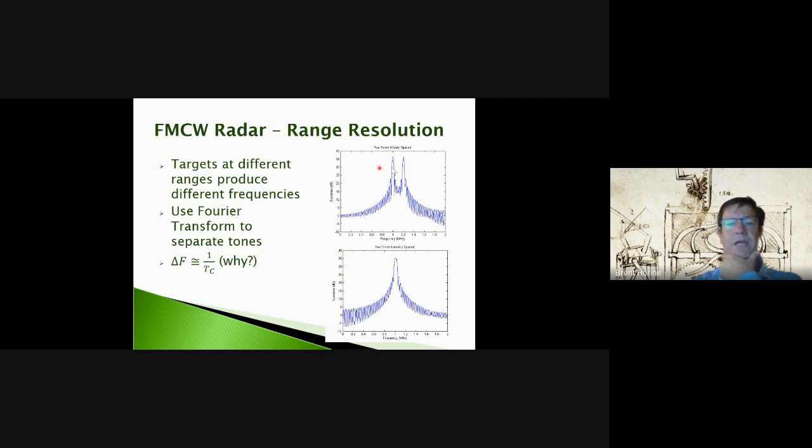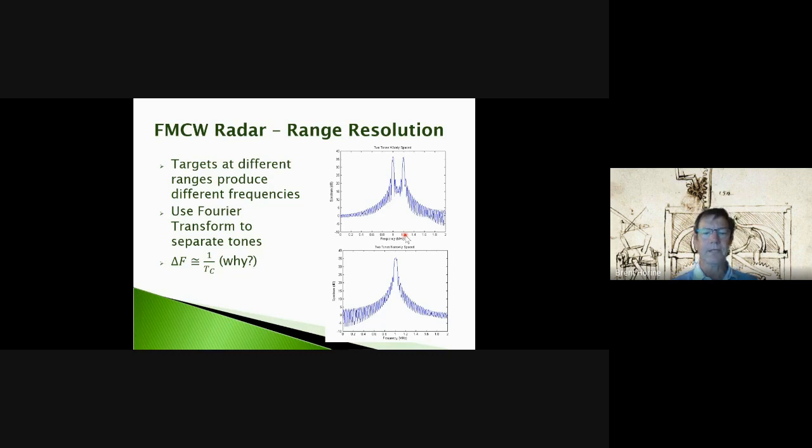We do some magnitude checking and maybe have a threshold, and say, all right, if we're above a threshold, that means there's a target there and there's a target there. We can take the frequency that's assigned to that bin and use our equation from the previous slide to convert that into distance, right?